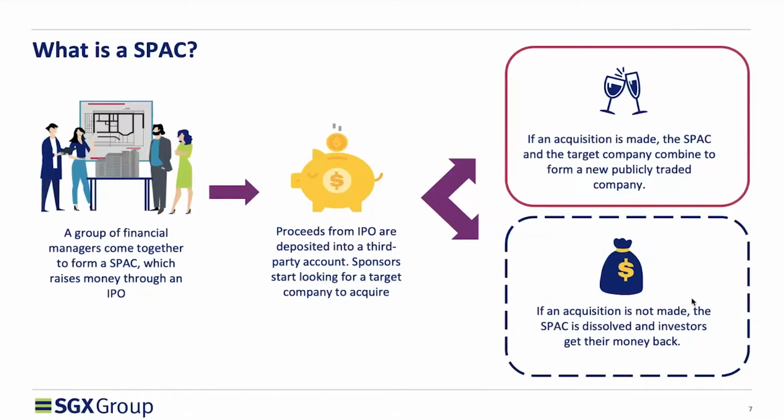However, if an acquisition is not made, then what happens is that the SPAC is dissolved and investors get their money back. So in summary, this is the process around how a SPAC actually works. I'll go through in more detail later some of the intricacies about each part of the whole process.